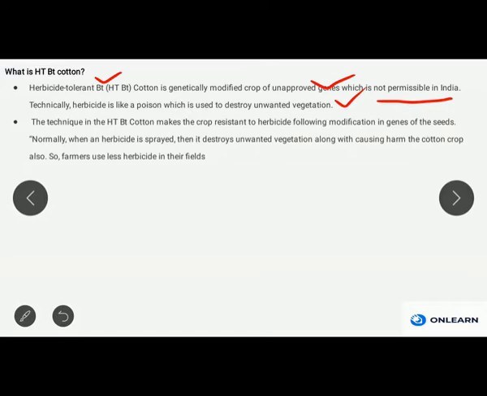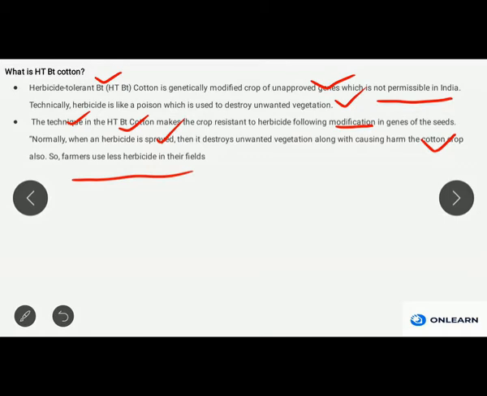The technique in HT-BT cotton makes the crop resistant to the herbicide following modification in genes of the seeds. Normally, when an herbicide is sprayed, it destroys unwanted vegetation along with causing harm to the cotton crops. So that is the problem. It not just destroys the unwanted vegetation, but it may also cause harm to the cotton crop.